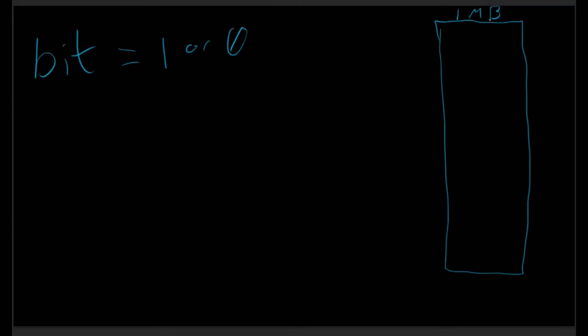And what this means is that if each of these little slots can be a 1 or a 0, each of these slots represents 1 bit of memory. Let's see if I can do this well. Oh, it's going to be tight. One more.